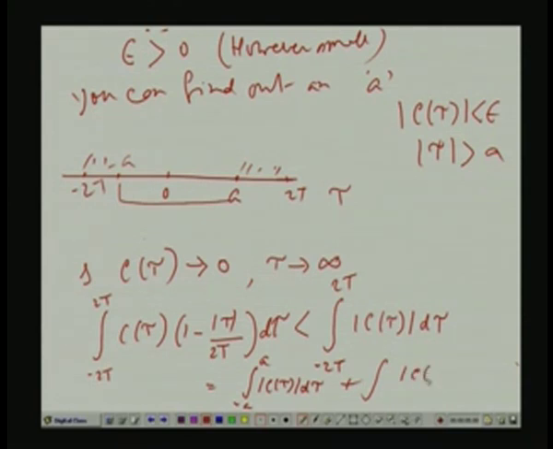That is the same stuff, but for mod tau greater than A and less than 2t. This is the range. Okay, if that be, now look at this integral.